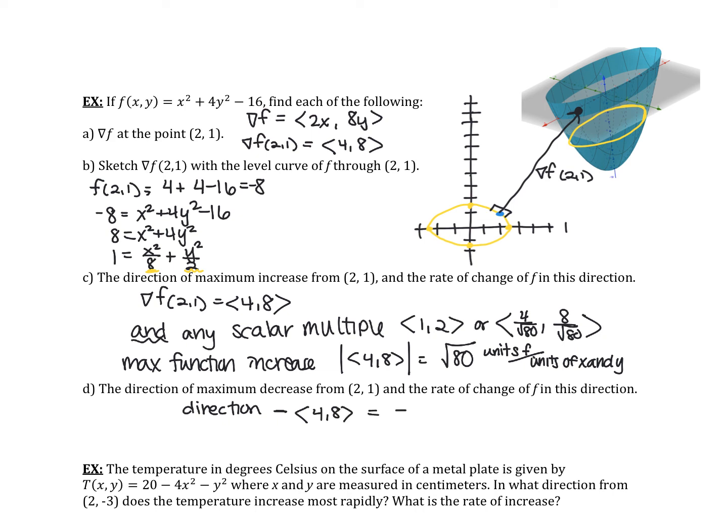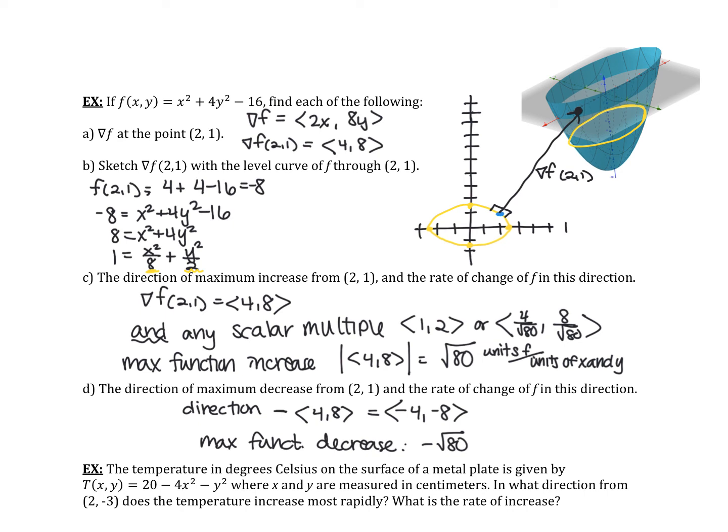And so this would be the opposite of 4 and the opposite of 8, and again, any scalar multiple of those. And then the max function decrease would be negative root 80, the opposite of root 80. And that is the idea behind the gradient vector.